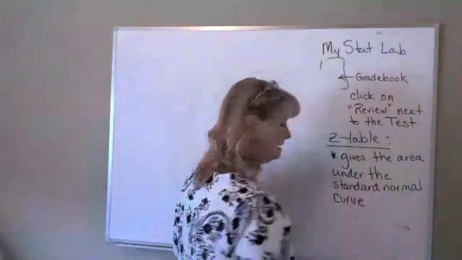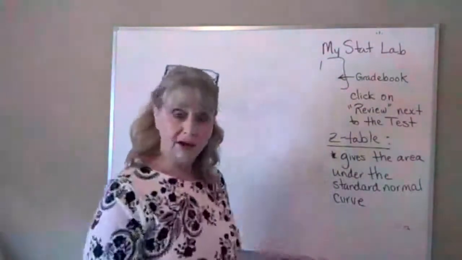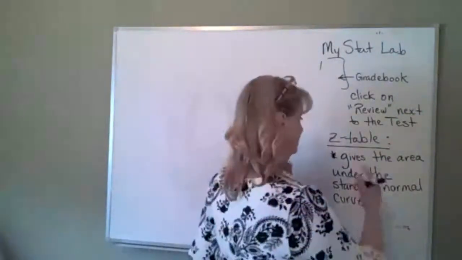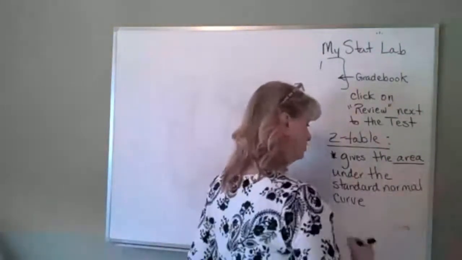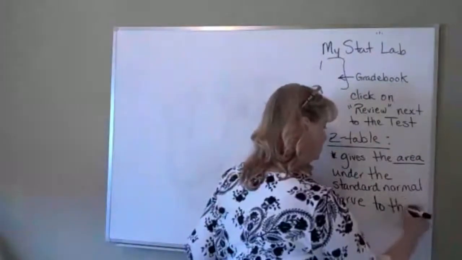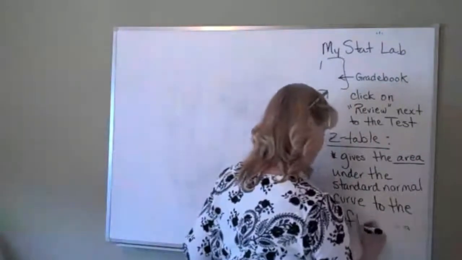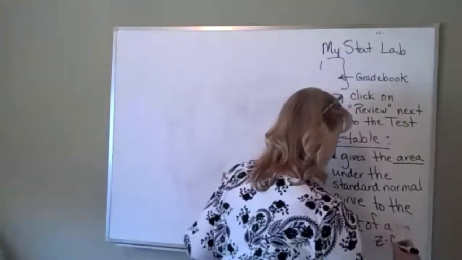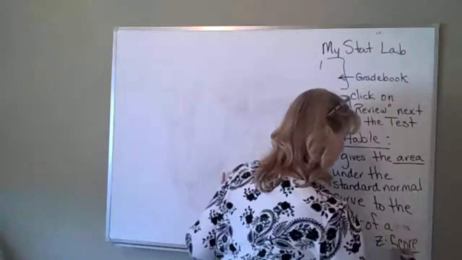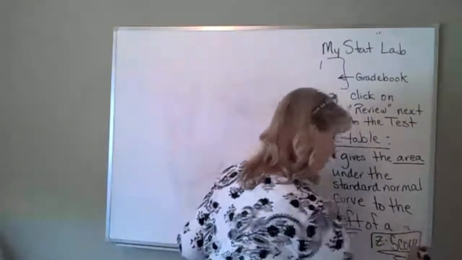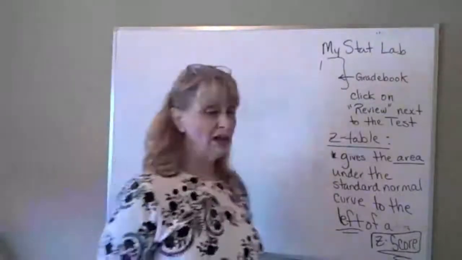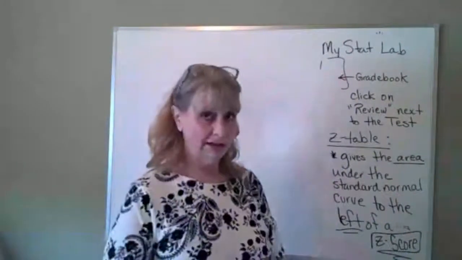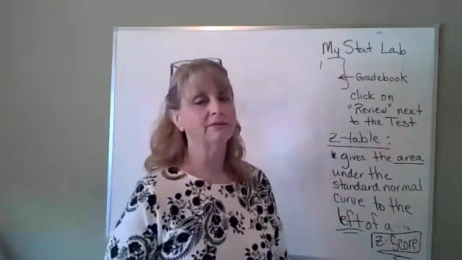Gives the area under the standard normal curve to the left of a z-score. So the table only gives you less than or to the left probabilities. So if you need to know the area to the right, you have to figure that out using the area to the left. We're going to practice this some more today, so that will be good.